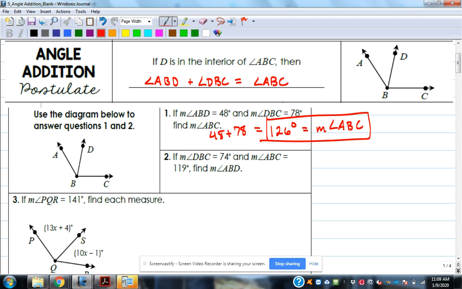Number 2, angle DBC is 74 degrees. Measure of angle ABC is 119 degrees. Find the measure of angle ABD. So you're going to end up subtracting those. So 119 minus 74. How much? 45.